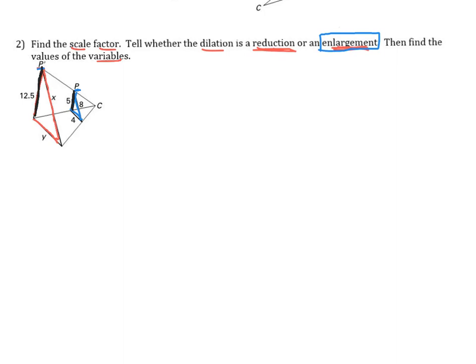Next thing I want to figure out is what's my scale factor? So let's compare the two side lengths that I pointed out. I want to compare a side length in the image to a side length in the pre-image. Those side lengths are 12.5 and 5.